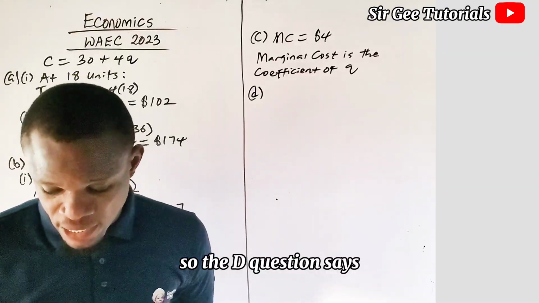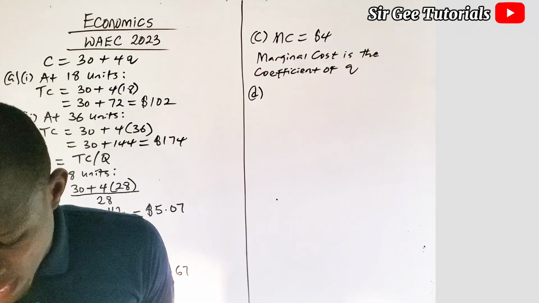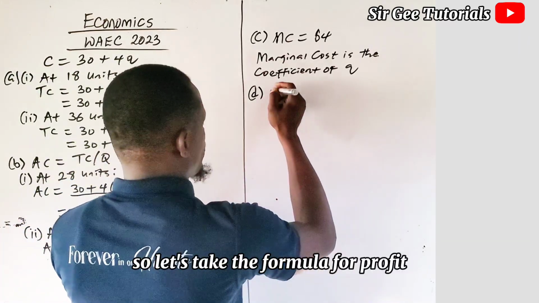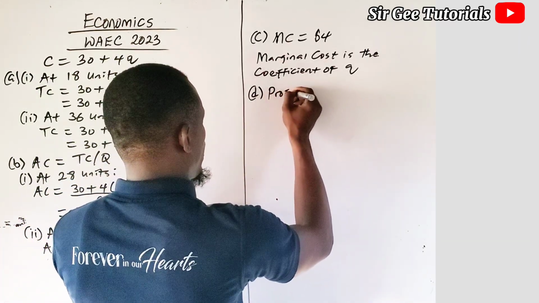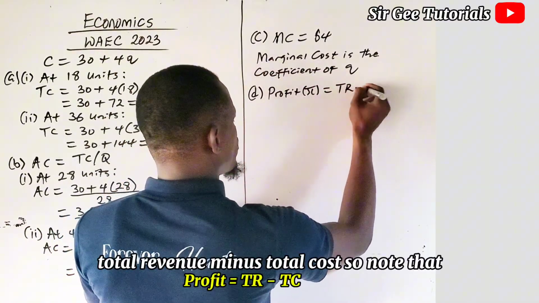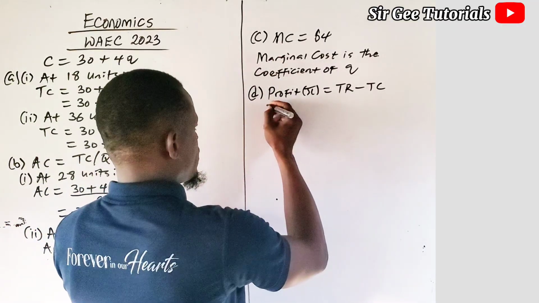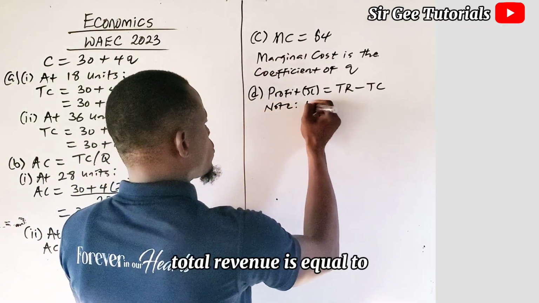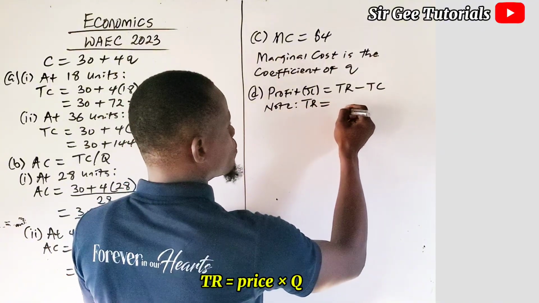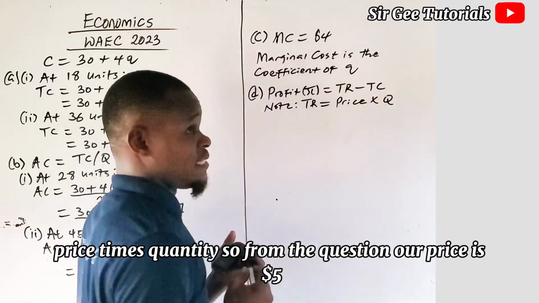So the D question says, determine the profit made from producing 45 units when the market price is fixed at $5 per unit. So we are asked to calculate the profit. So let's state the formula for profit. Profit is equal to total revenue minus total cost. So note that total revenue is equal to price times quantity.